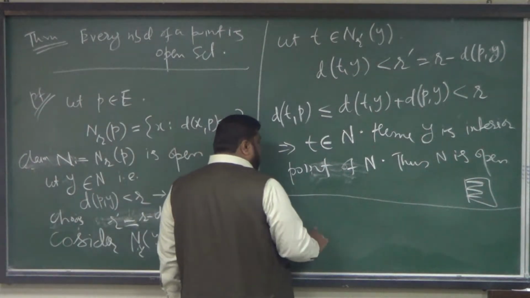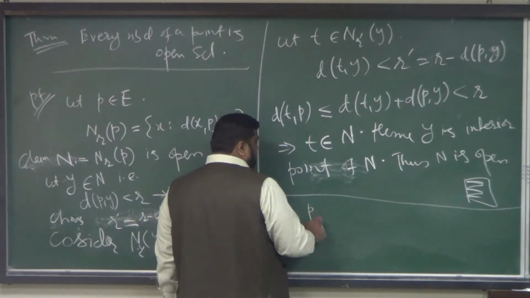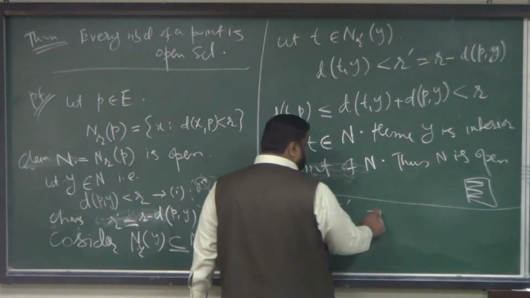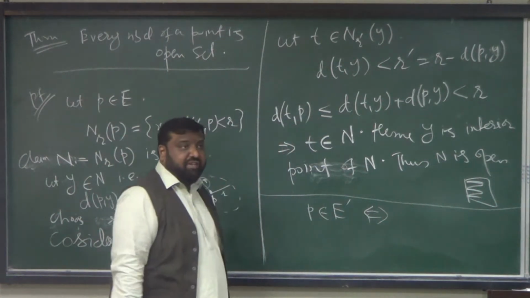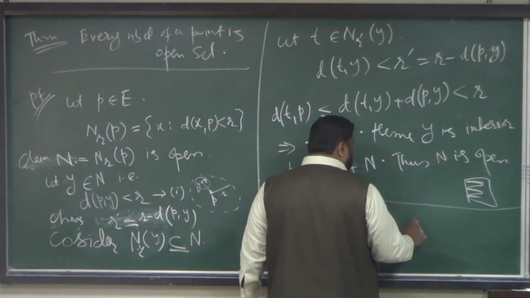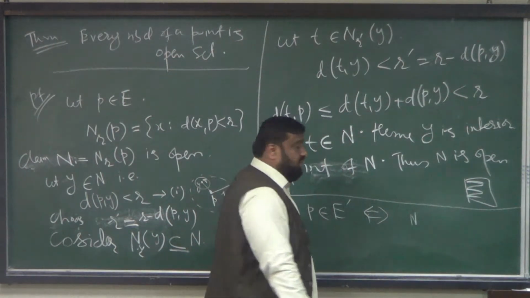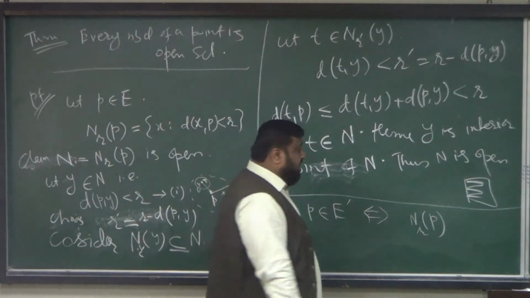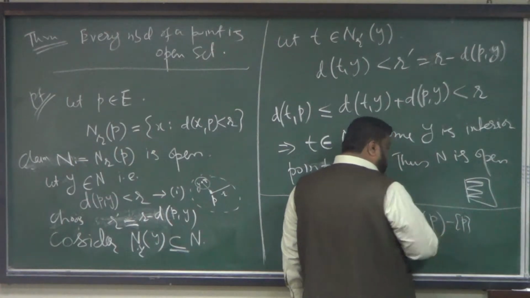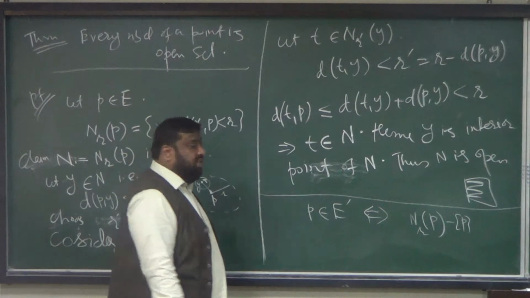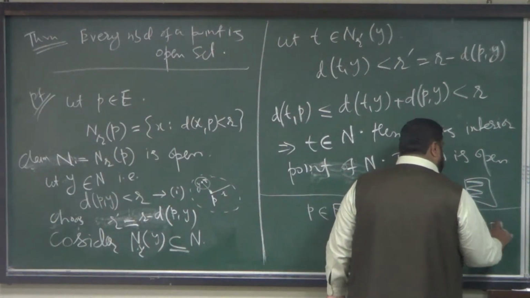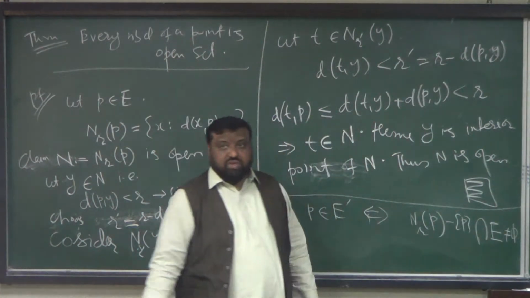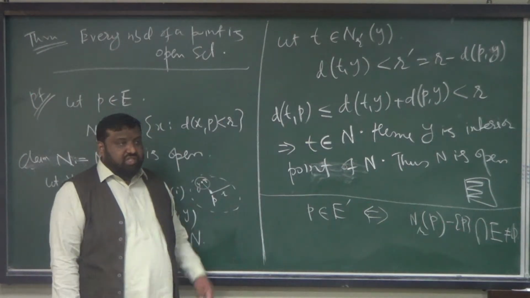So we know that a point P is a limit point of E if and only if, by definition, you draw any neighborhood of P with any radius, and you remove P out of it, in other words a deleted neighborhood, then its intersection with E is not null. That's what the definition is. Alright?